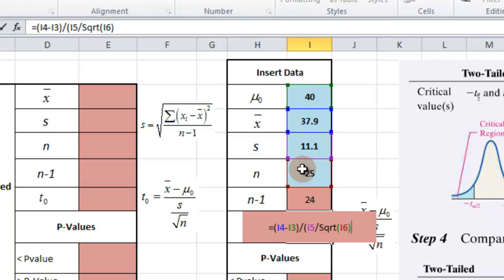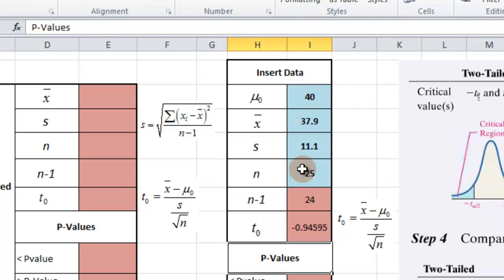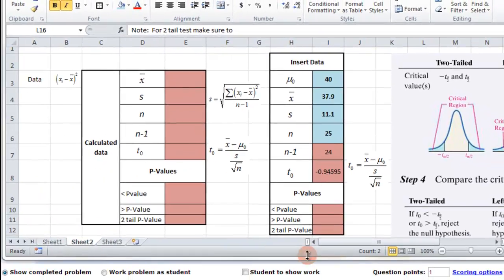Hit enter, and this will be the t-statistic, which is negative 0.946.